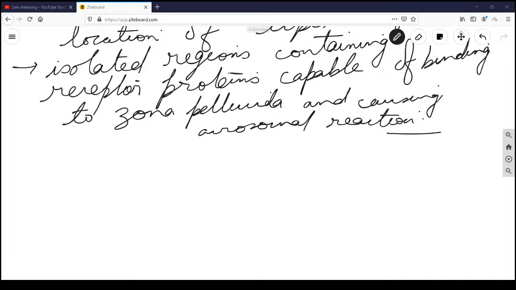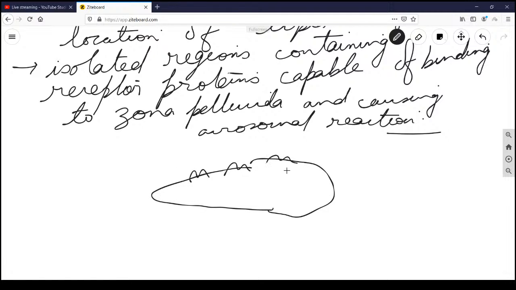Lipid rafts will cluster over the anterior sperm head. Means, if this is the sperm head, lipid rafts are everywhere. Now if only one is here and the rest are everywhere, how will it bind to the zona pellucida? Only one. It won't effectively trigger the acrosomal reaction.